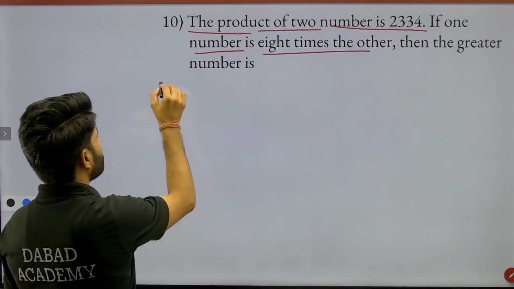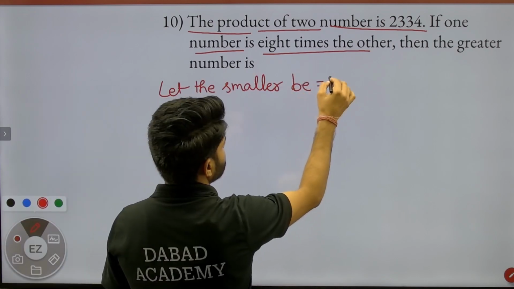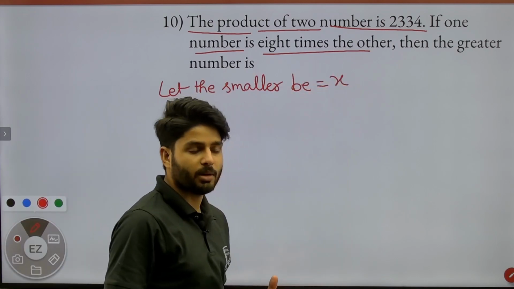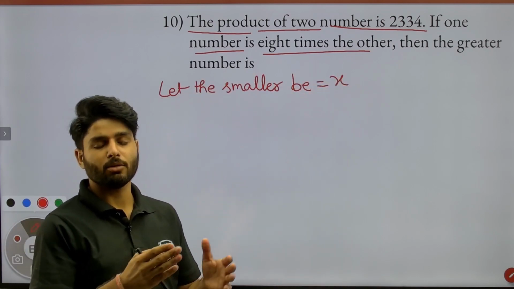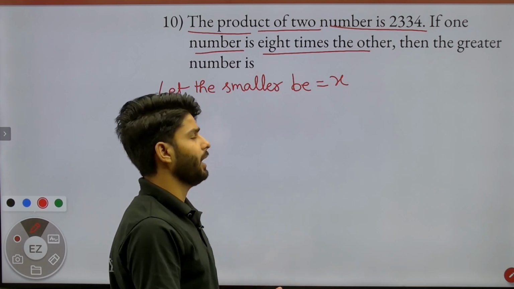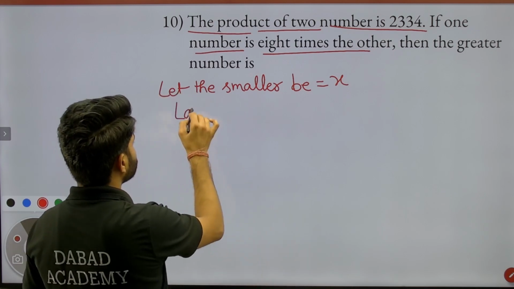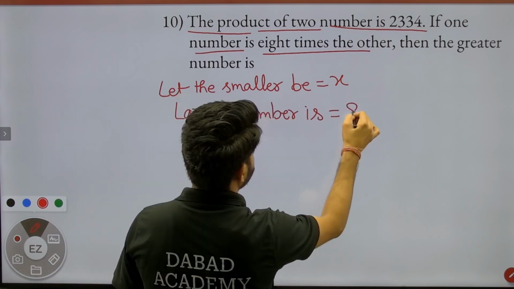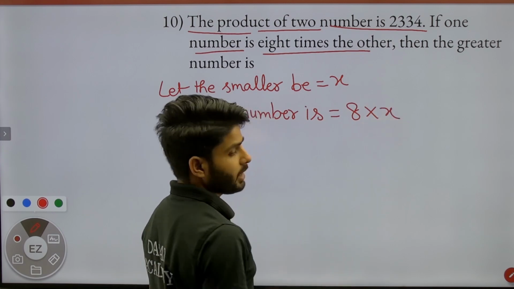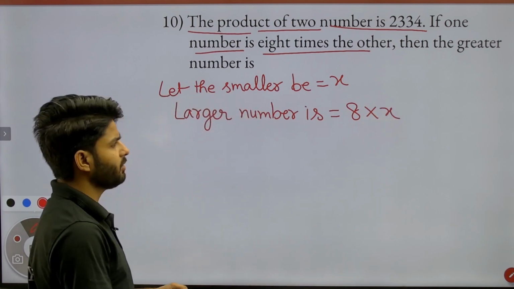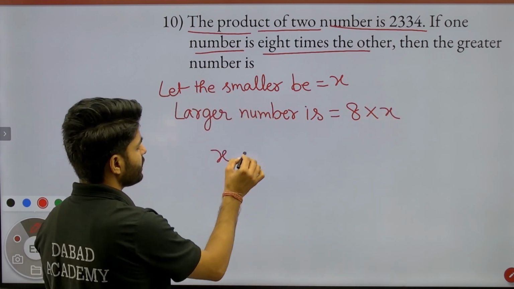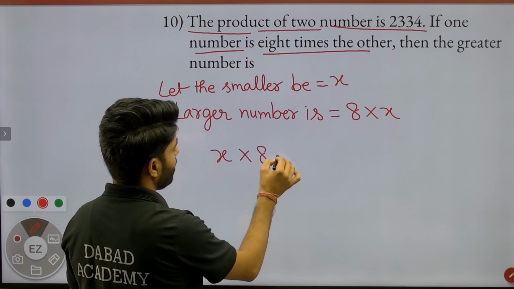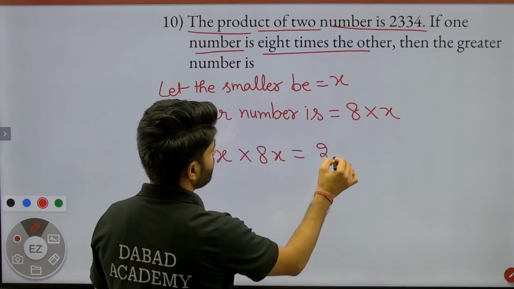Let's suppose the smaller number is x and the greater number will be 8 times of the x. It means we have to multiply the smaller number by 8. So the larger number is 8 into x, and the product of these two numbers, it means we have to multiply these two numbers, x into 8x equals to 2334.